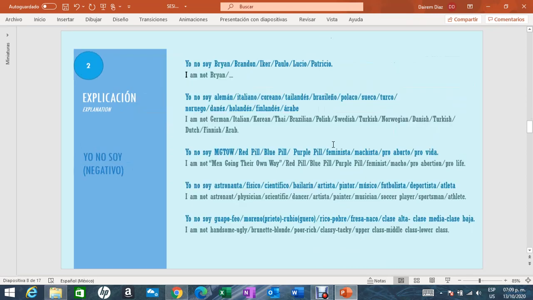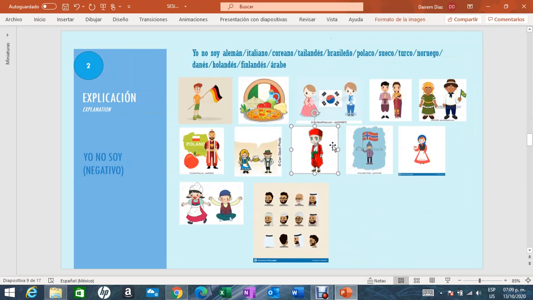Next one. Check more. This is more vocabulary from previous lessons. And then we have once again, I'm gonna say yo soy with all these nationalities to practice all the nationalities that we have here. Then I'm gonna repeat it in negative, and then interrogative, one after the other.